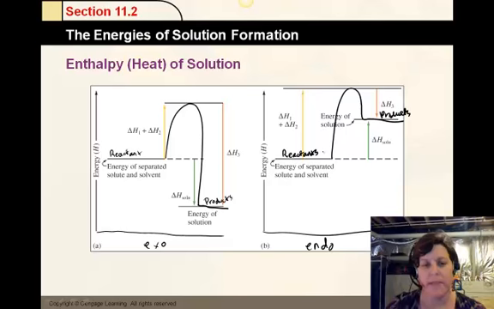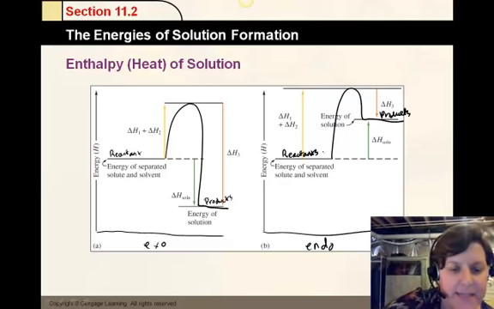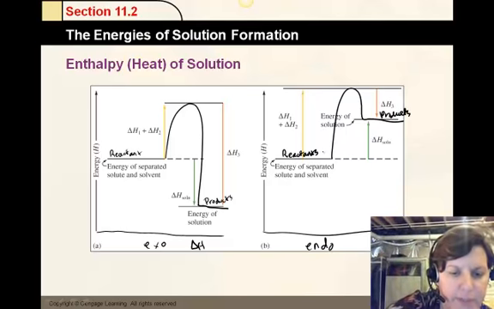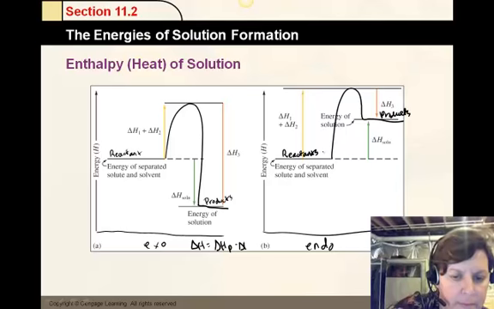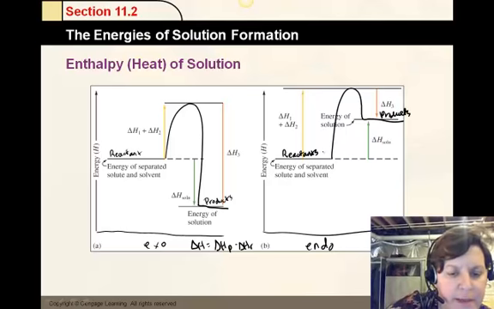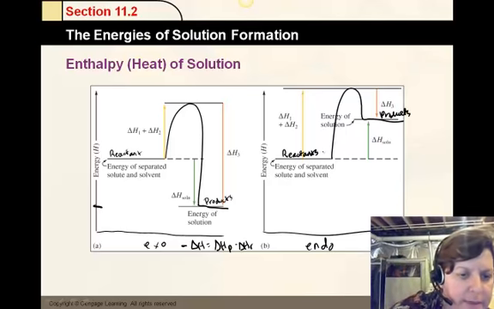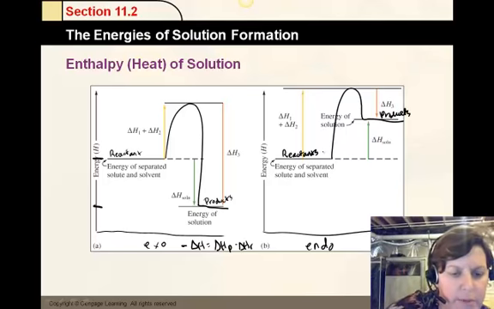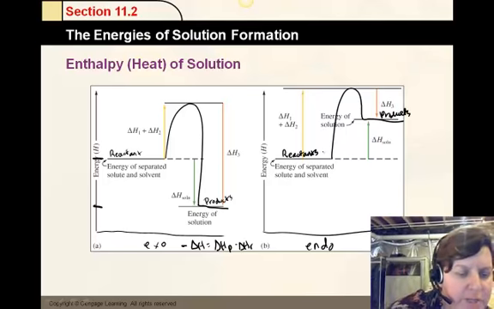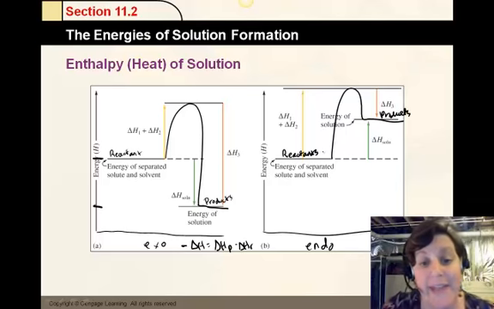But it helps us remember, in this case, that delta H, which is the difference, the products minus the reactants, is going to be a negative number. Because this energy is going to be less than this one, and when we subtract products minus reactants, your value will be a negative number.